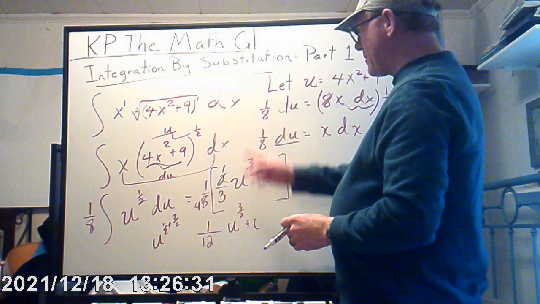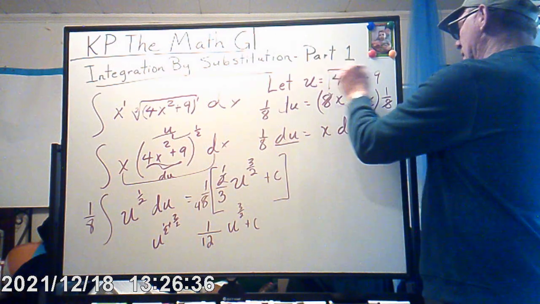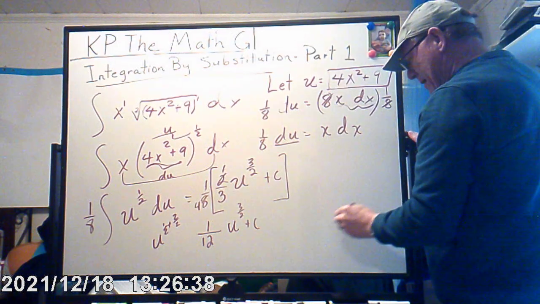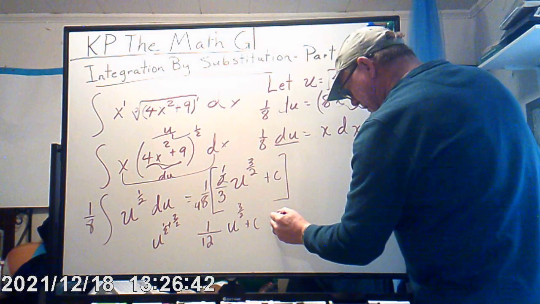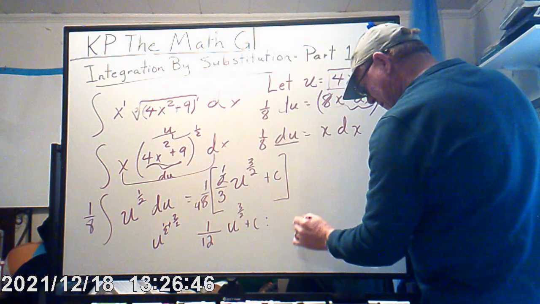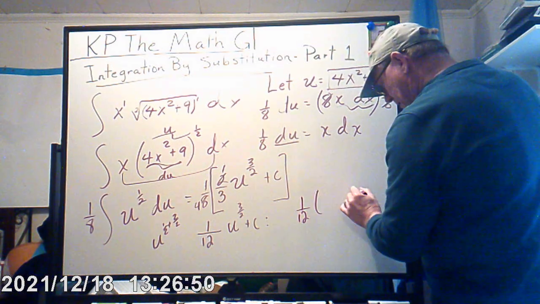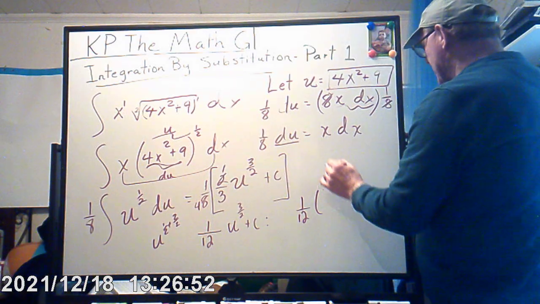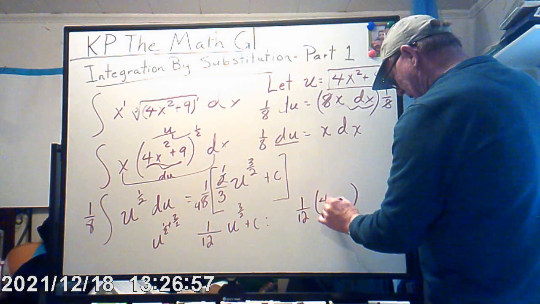We want it back to what u was. u is 4x squared plus 9. So now we're saying this is 1/12 times u, which is 4x squared plus 9.